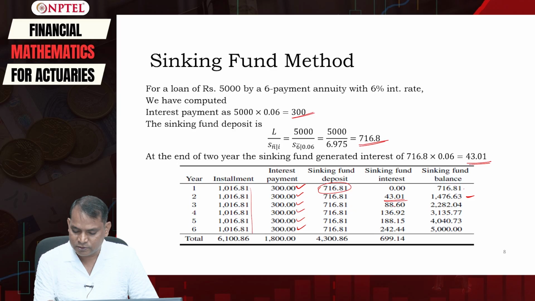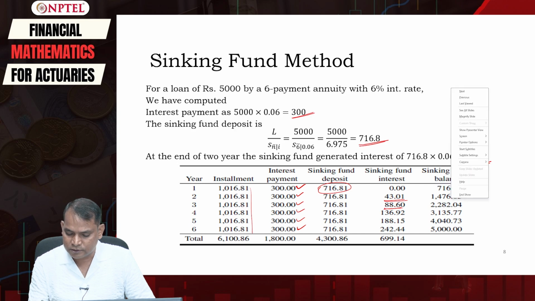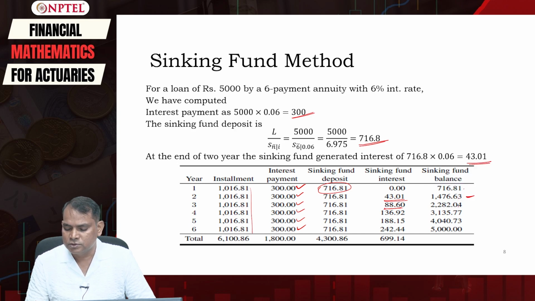After the third payment, you get interest of 6% of 1476.63, which becomes 88.60. Adding it, you get 2282.01, and finally you will get 5,000, that is the initial loan balance you wanted to get.